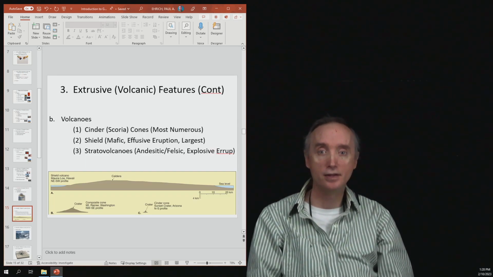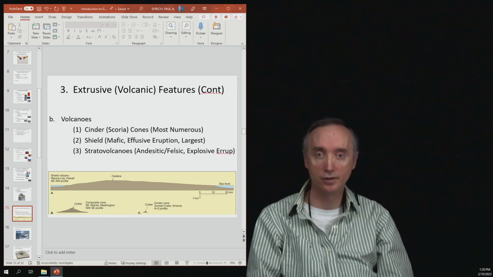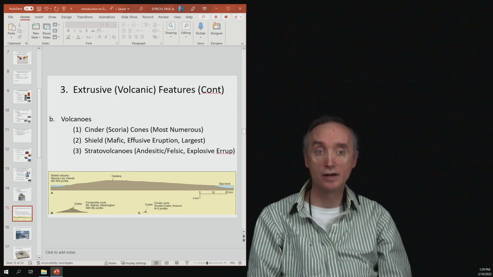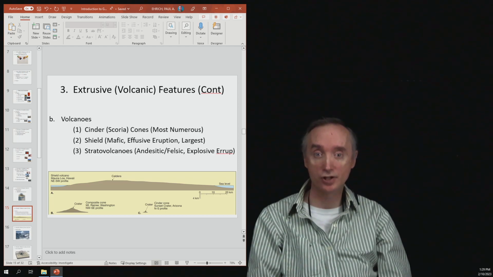So these stratovolcanoes are the most explosive of the volcanic eruptions, and it's because they consist of a lava that is the most viscous. And so examples of these would be Mount St. Helens and Mount Shasta in the Pacific Northwest.